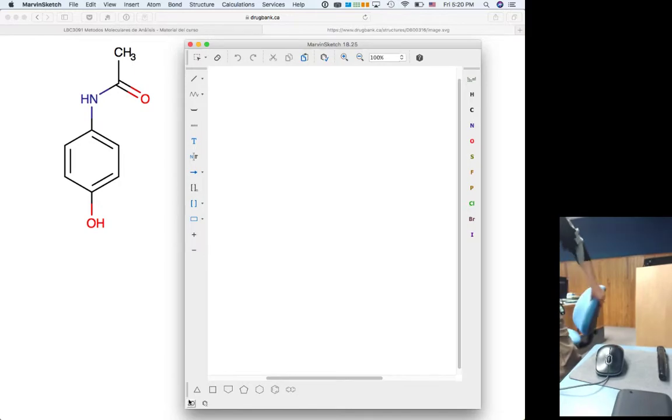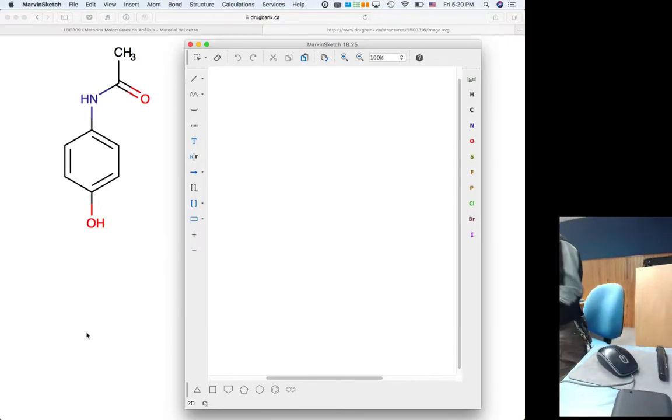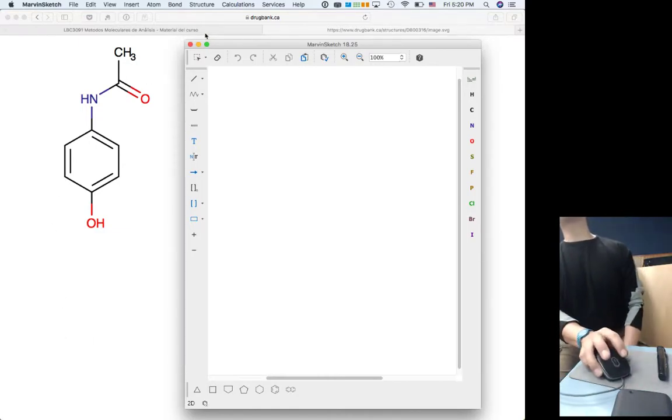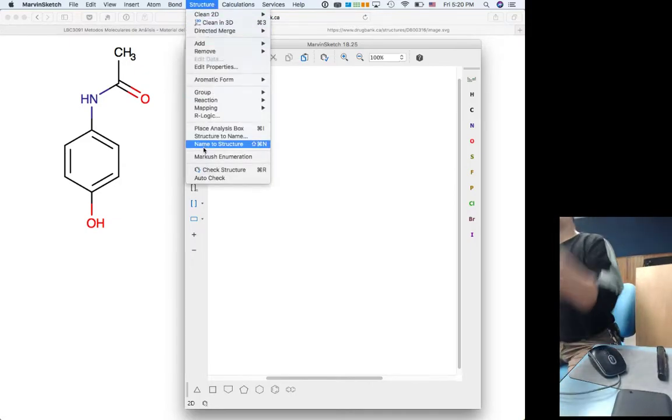But as I showed you, we can use this program to do either one of these two things. We could just copy the compound, right? And it's going to be pretty easy because it's a simple one. But if we were very, very lazy, we can go to structure and to name to structure.